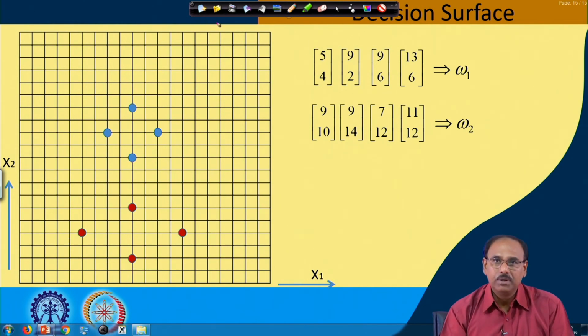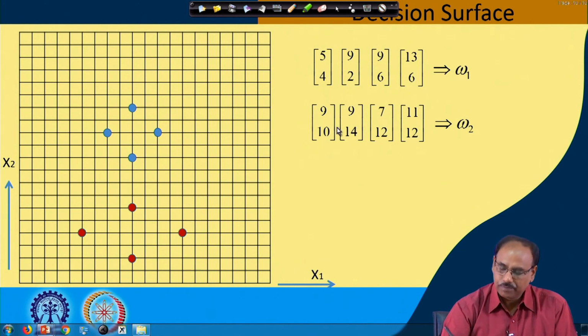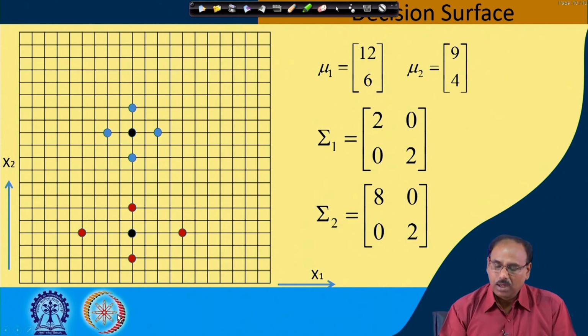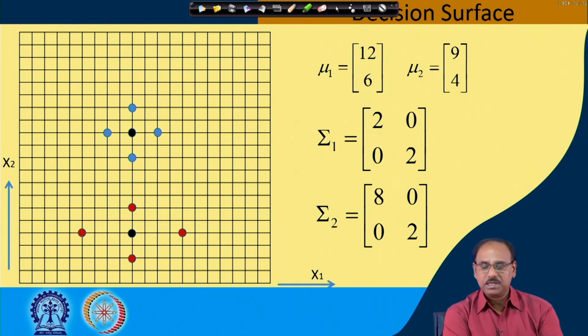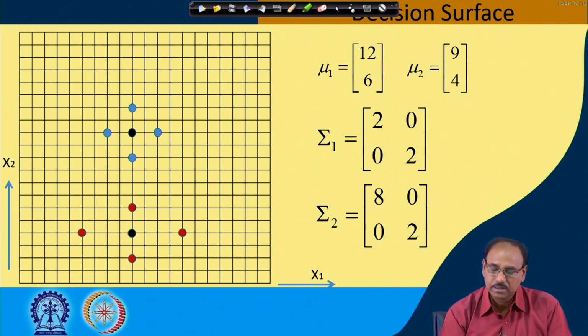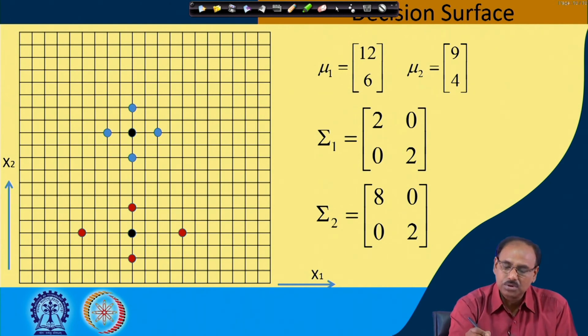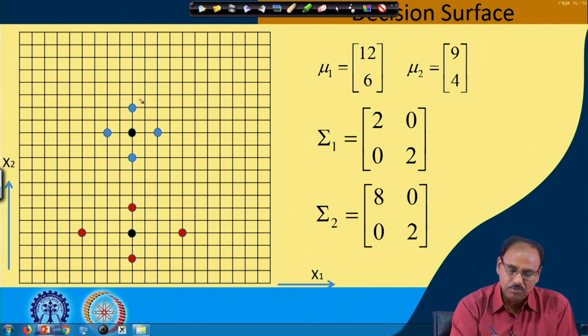And I can also compute the covariance matrices sigma_1 and sigma_2 for these two different classes. Over here, mu_1, the mean of the feature vectors from class omega 1, will be (12, 6) and mu_2 will be (9, 4), and the covariance matrix sigma_1 is [2, 0; 0, 2]. This [2, 0; 0, 2] is the covariance matrix for these feature vectors.